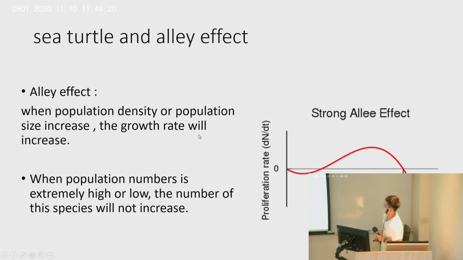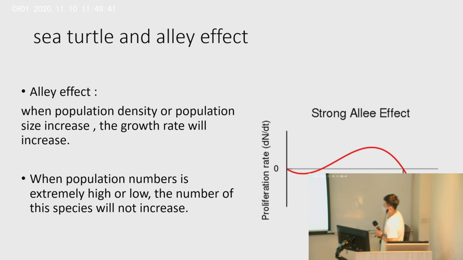Discussion. We will discuss sea turtles and the Allee effect. The Allee effect is a situation in which when population density or population size increases, the growth rate will increase.